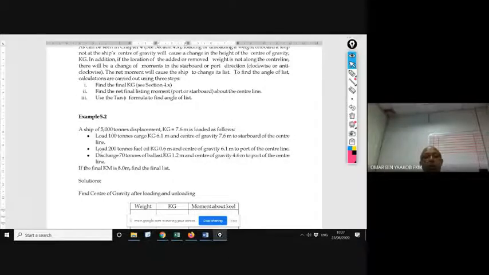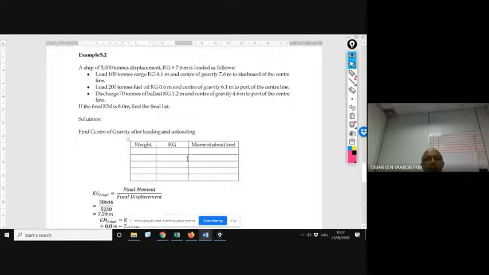Load 200 tons at 0.6 meter, KG 6.1 meters, to port of the center line. And discharge 70 tons of ballast, KG 1.2 meters, and center of gravity 4.6 meters to port of the center line. So you have three items being loaded.